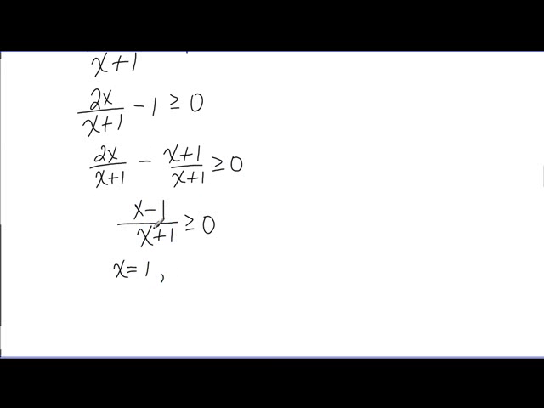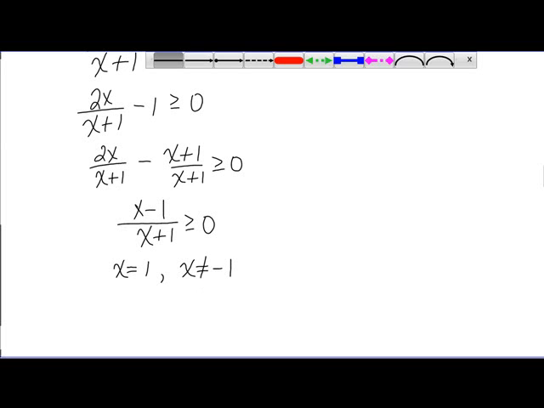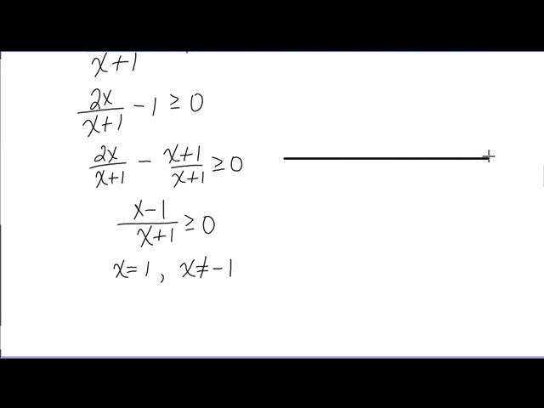Now, we need to be very, very careful. You cannot allow the denominator to be equal to 0. So negative 1 is a split point, but I'm going to make sure it's very obvious I cannot include that split point in any of my solutions. So number line, putting the split points in there. Those are the values that give us 0.